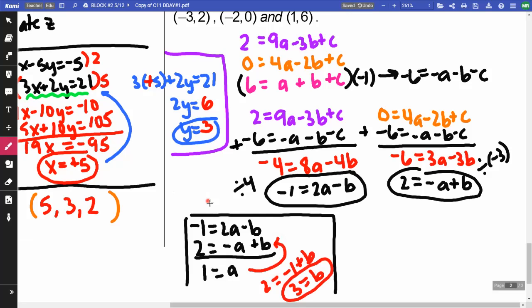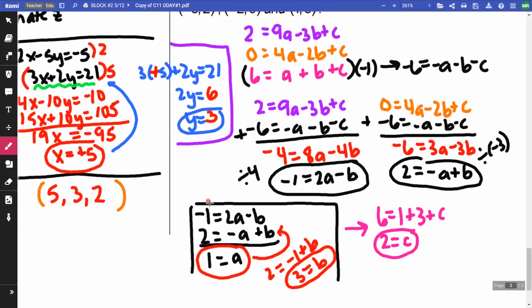So I found my A and my B. And I'm going to go back up to the top and use either the purple, the orange, or the pink. I'm thinking the pink, okay? So I'm going to use the pink one. So I'm going to go 6 is equal to A, which is 1, plus B, which is 3, plus C. So that's going to be 4. So I'm going to get 2 is equal to C.